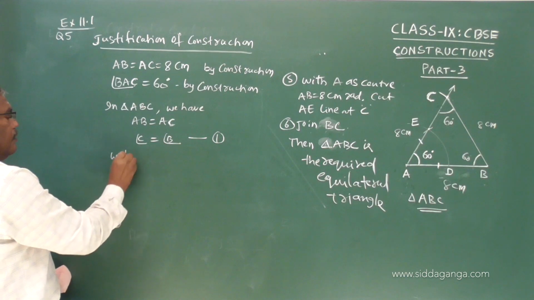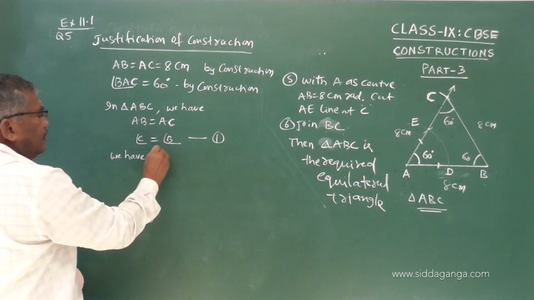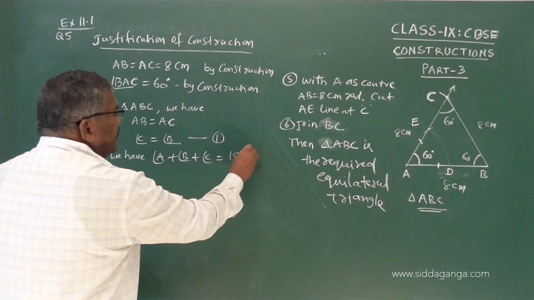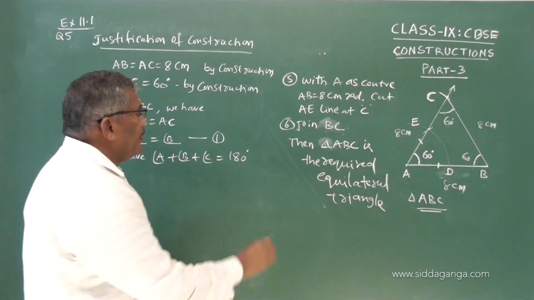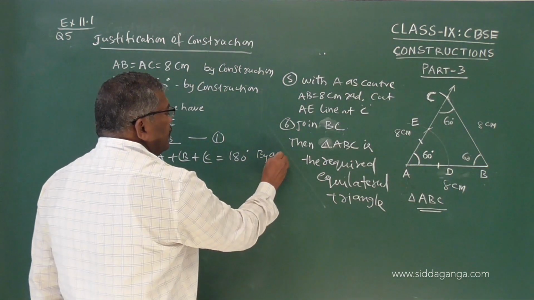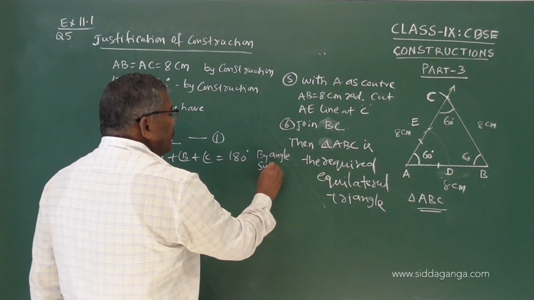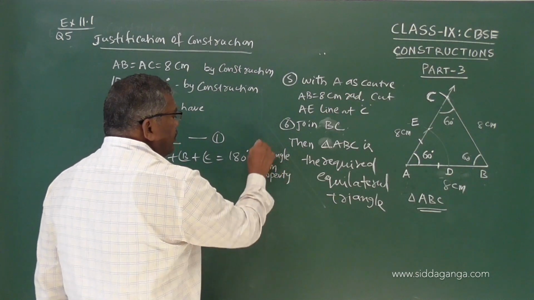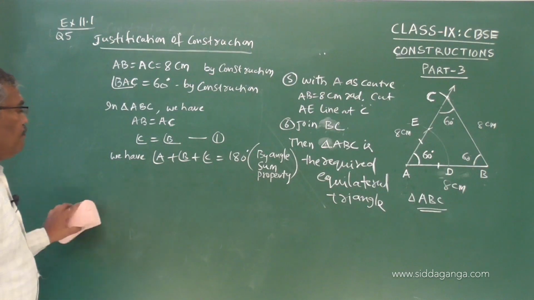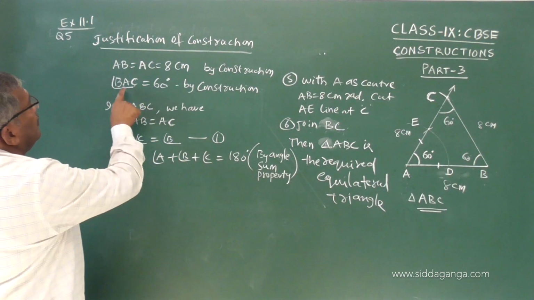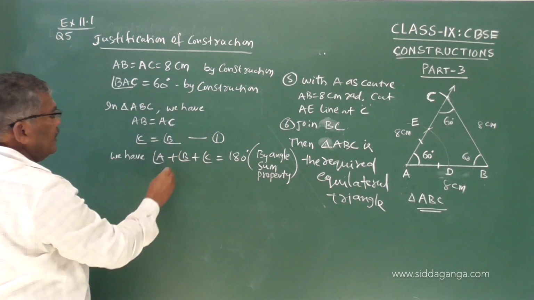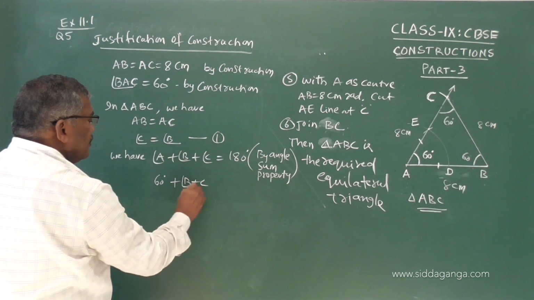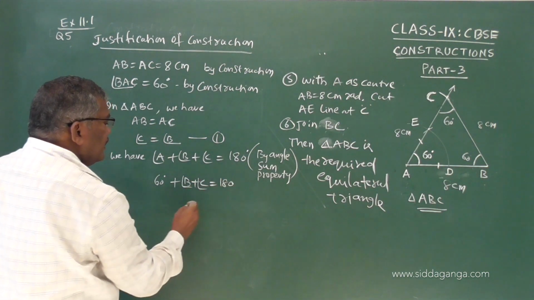So we have angle A plus angle B plus angle C is equal to 180 degree, by angle sum property of triangle. Angle A is 60 degree. So 60 degree plus B plus C is equal to 180.